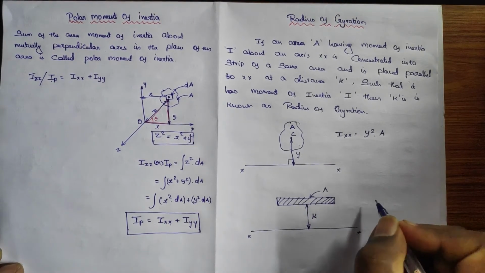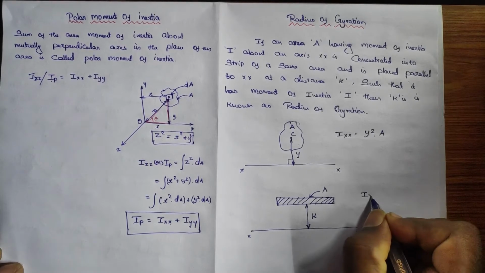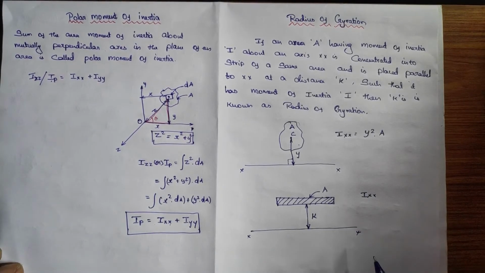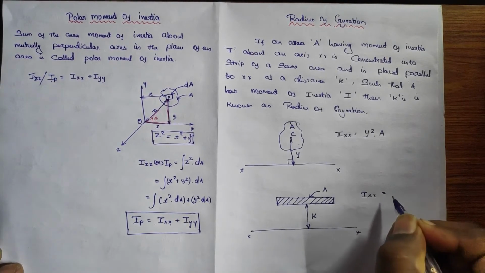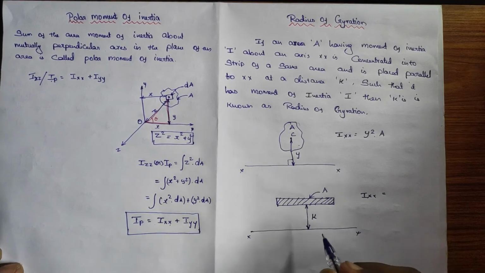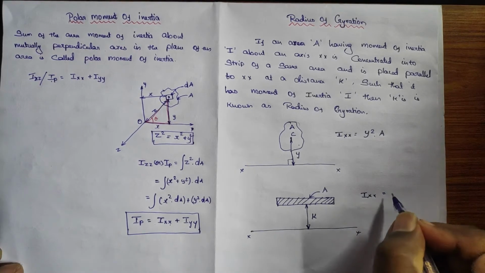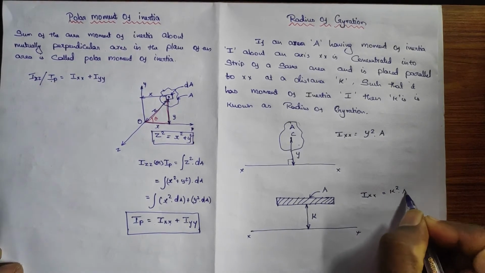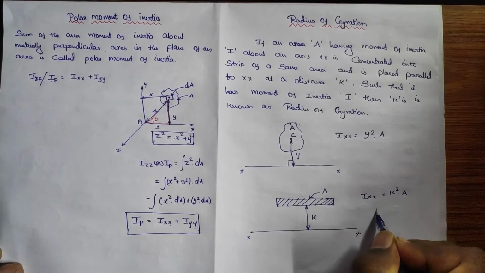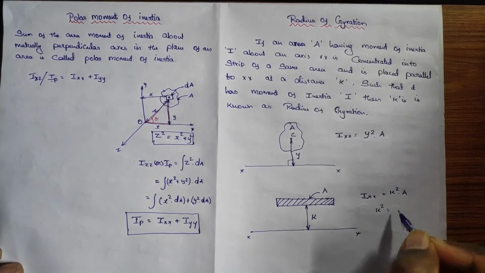So if I give the moment of inertia about the XX axis, IXX is equal to area into its perpendicular distance. Here the perpendicular distance is K, so K square into A. So K square is equal to IXX divided by A, by cross multiplication.